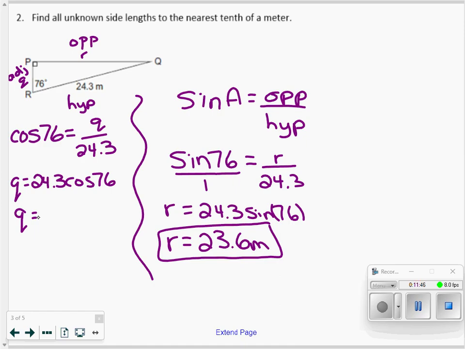Oh. You're not 5.95. 9.8? 5.9. Oh. Uh-oh. Yeah. Mine must be wrong. I put in 24.6. Now that I look at it, it's 24.3.